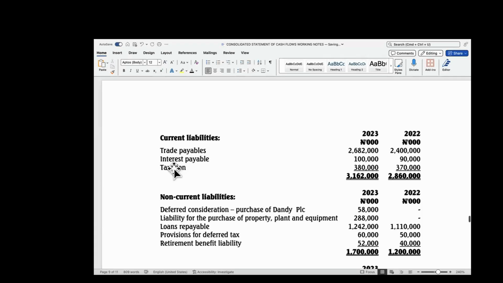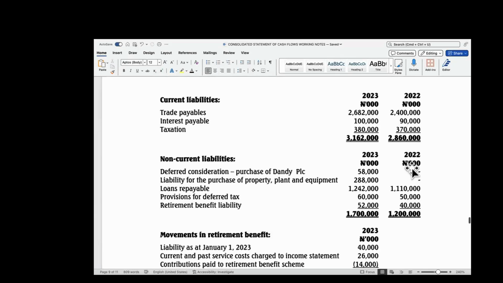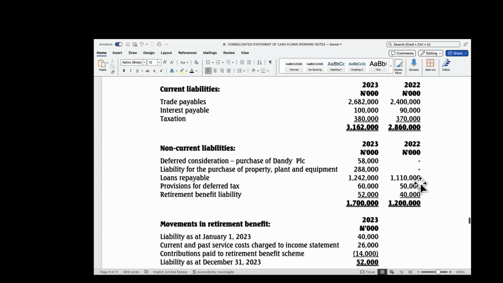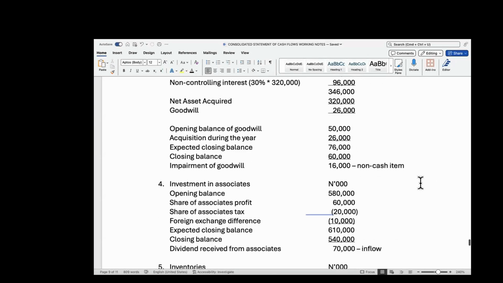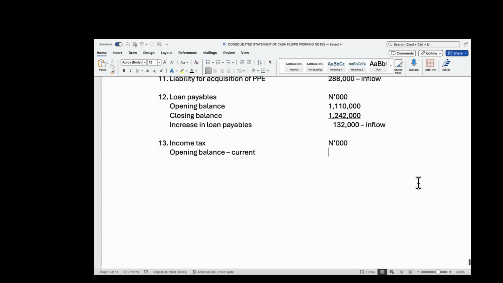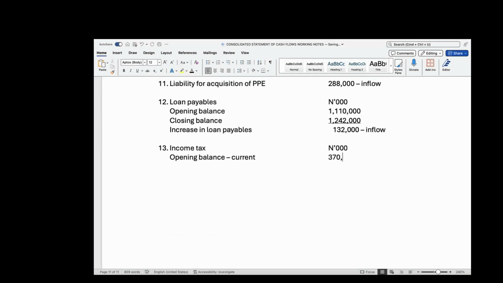My current tax from here is 370. Then deferred is 50.